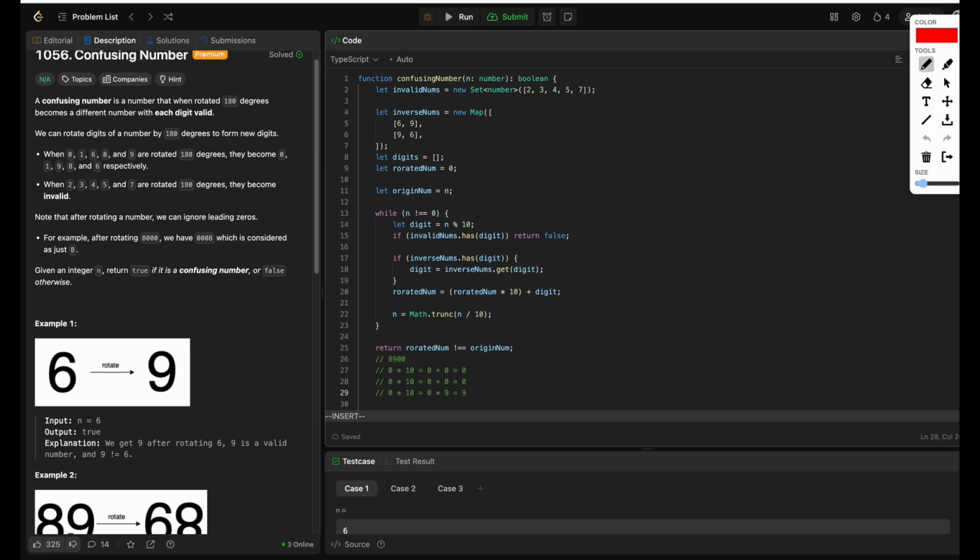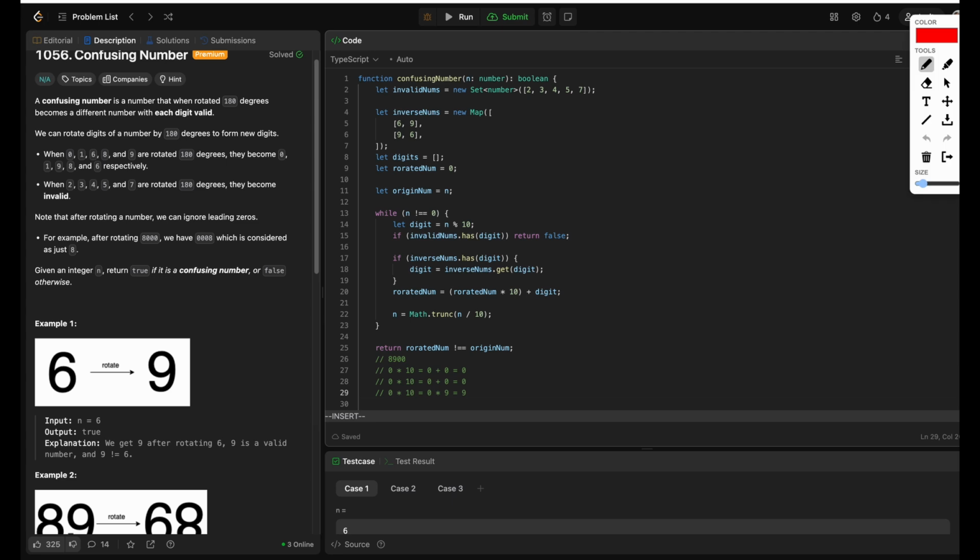Then we have some exceptions. For example, if we have 2, 3, 4, 5 or 7 in our given number, we understand that this number is invalid, because if we rotate 2, 3, 4 and 5, we will get just not a number in the decimal system, something else.